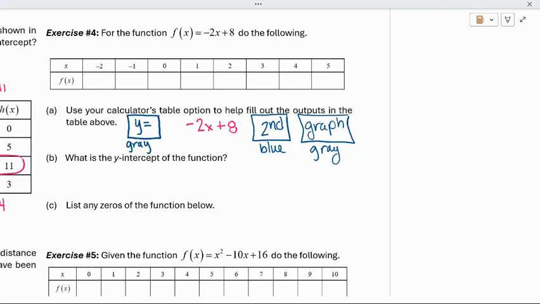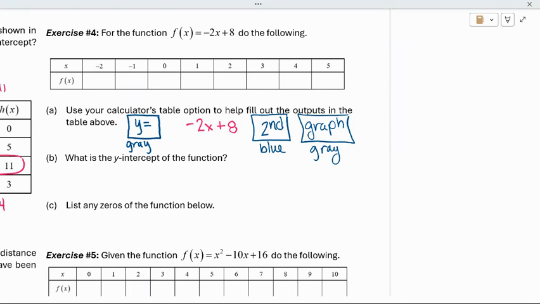So you go all the way up to -2? You have to hit second and then graph. Yeah, scroll all the way to -2. Do Y equals -2x plus 8, and then hit second graph. Got it? Okay. Y equals -2x plus 8.